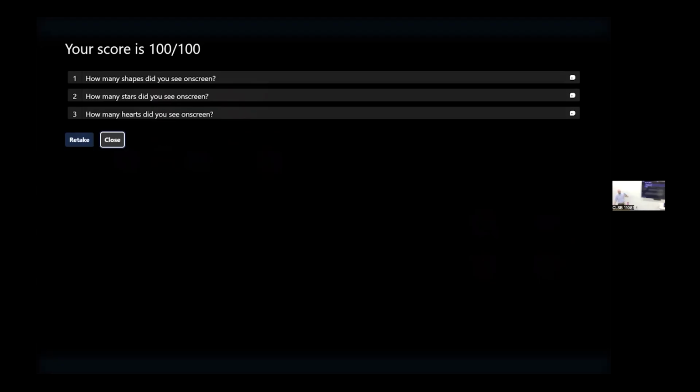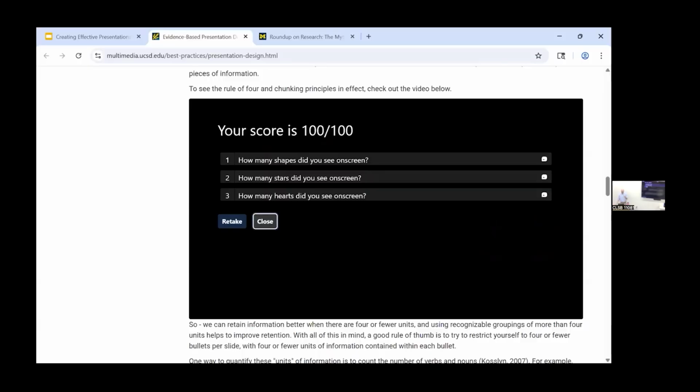And if you can organize your information, like in the final one, there were 9 shapes on the screen, but they were organized into a set of 5 and a set of 4. I don't know how convincing that is to you, but the advice based on research like this is to try and have no more than 4 major bullet points on your slides.